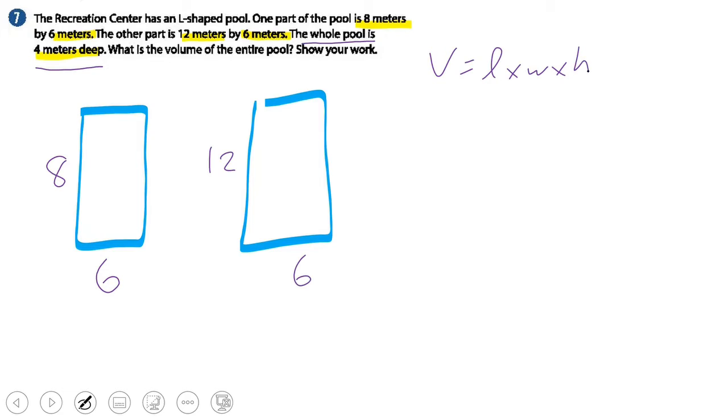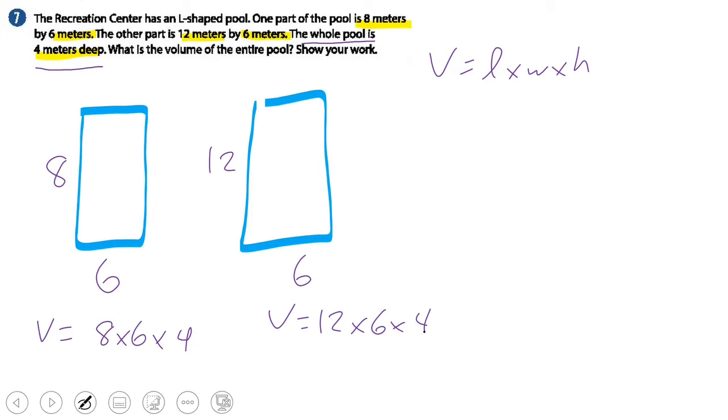Okay, so we can plug both numbers into that formula. So volume for this first one is 8 times 6, and then 4 meters deep is our height, so that's times 4. And then the volume for the second one is 12 length times width, so it's 12 times 6 times our height, which is 4.